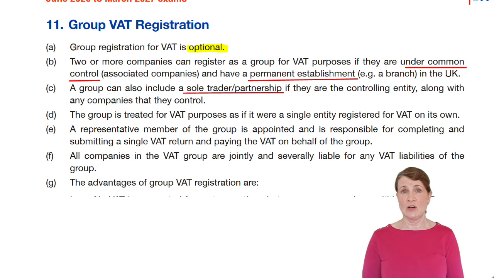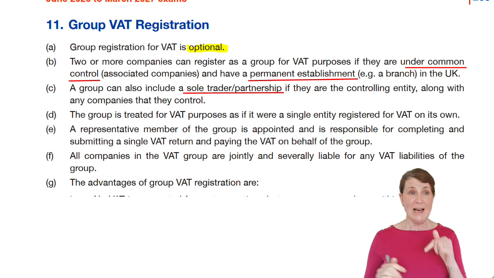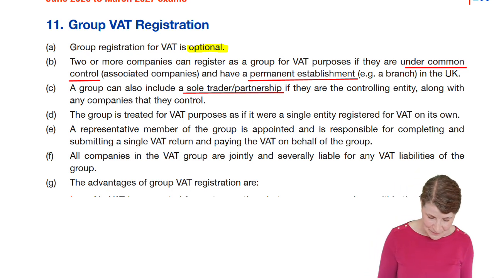So let's say that you've got a sole trader and they own 90% of company A and 90% of company B. We can register company A and B and the sole trader in the same group. As long as the sole trader is the one doing the controlling, that's absolutely fine. And as long as we fulfil the other conditions, of course, that we've got a permanent establishment in the UK.